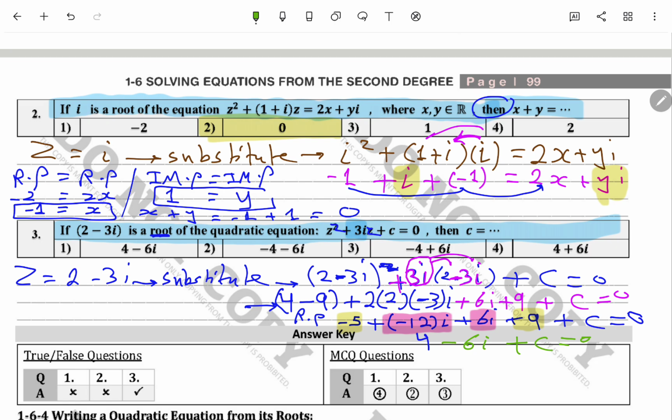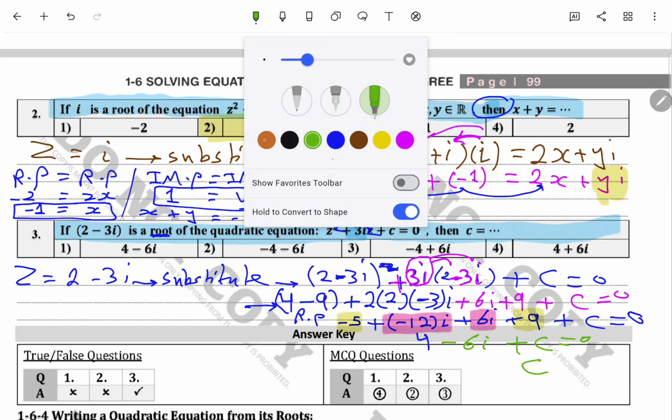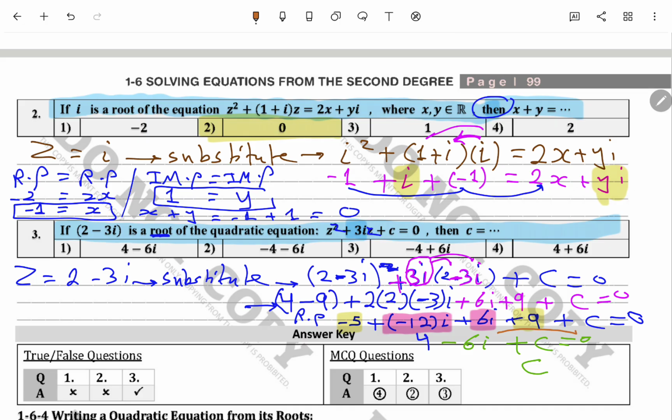I can leave c on the left side and move 4 and negative 6i to the other side, which changes all signs from positive to negative or from negative to positive, to get c equals negative 4 plus 6i, which is the third choice here. It is negative 4 plus 6i. It is the third one.